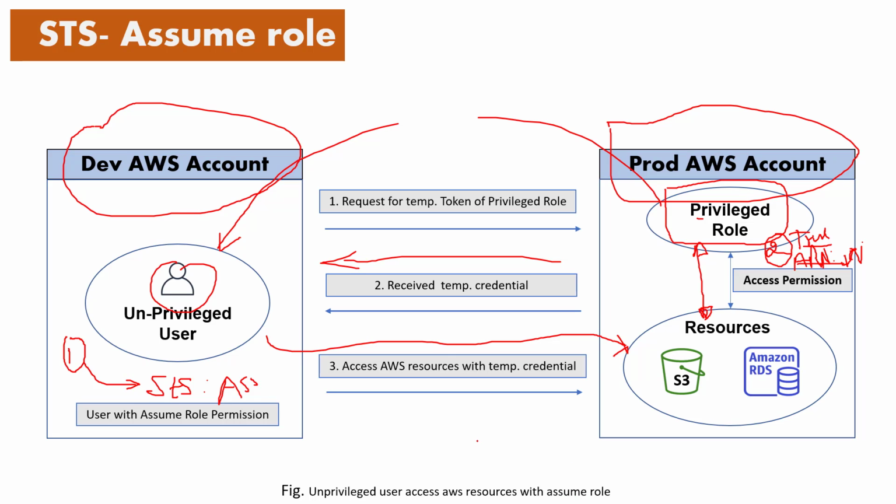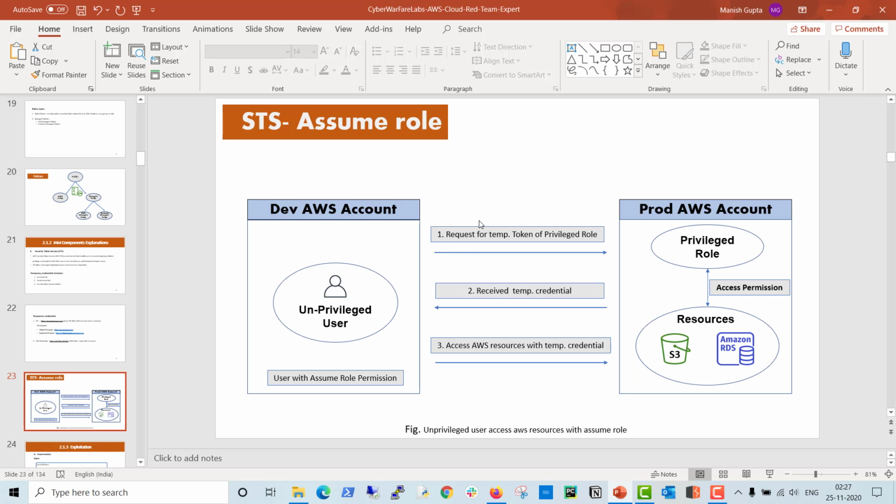This is how they got the credential: they hit the STS endpoint, STS checks those two criteria, and once those two criteria are met, it assigns the temporary credential and the user can access the resources. This is all about how we can use STS to get the temporary credential.